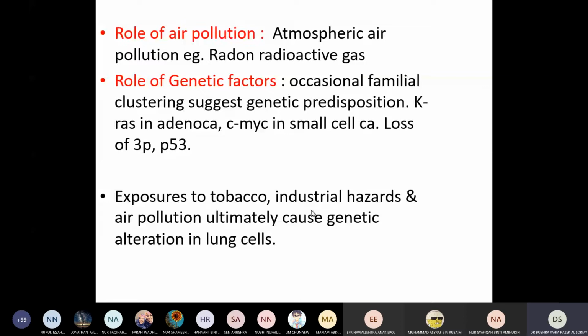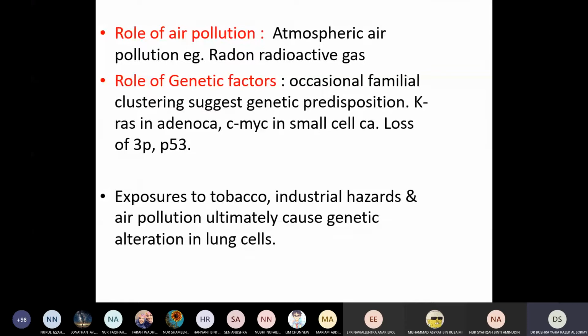Exposure to tobacco, industrial hazards, and air pollution ultimately cause genetic alteration in the lung. Usually most people are exposed not only to tobacco but also to other industrial hazards, so altogether with genetic factors, all this can lead to the development of lung cancer.